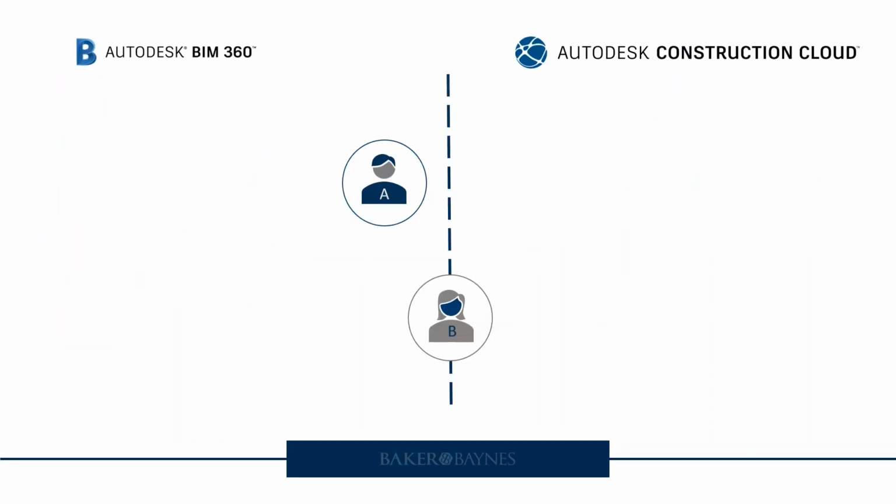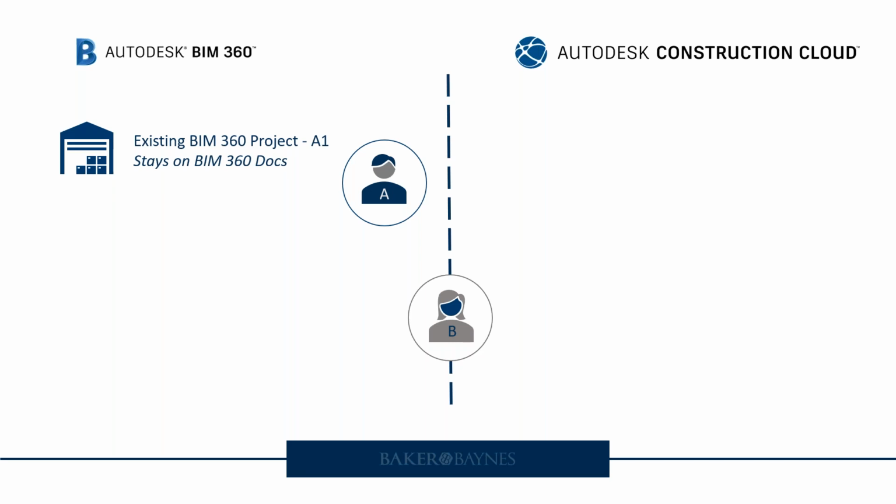Now we've got BIM 360 on the one side and Autodesk Construction Cloud, or then Autodesk Docs, on the other side. So the two different platforms. I can't necessarily call it the old and the new, but let's go with BIM 360 and ACC. That is the nice acronym that they use for Autodesk Construction Cloud. So you've got person A. Person A, remember, they don't have an AEC collection, but they do have BIM 360 licenses.